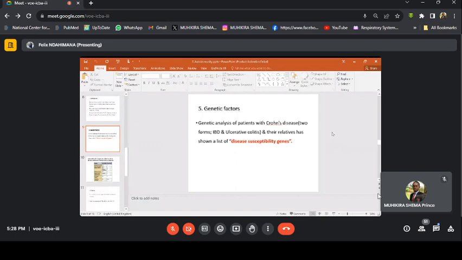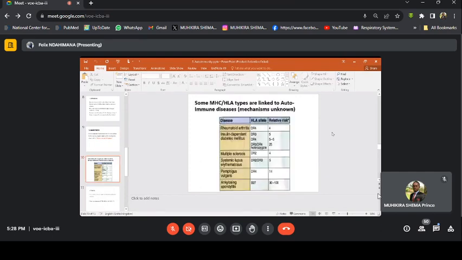There are also some genetic factors in autoimmunity, as there are some diseases that are well known to run in the family. They are genetic. You know them, like Crohn's disease, IBD, ulcerative colitis, and so on. We have also different people with different HLA that can expose them to different disease.